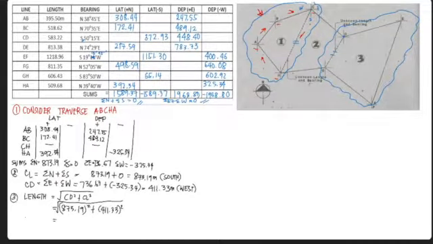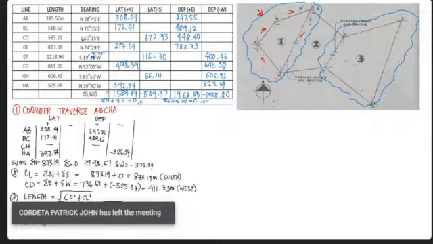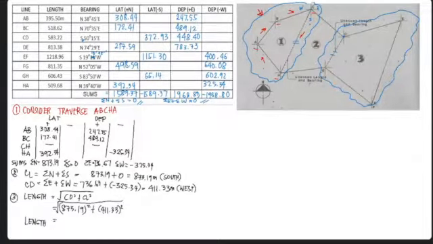So what is the length ng ating line? So 965.22 meters for our length. And tangent or number 4 is tangent beta CD.